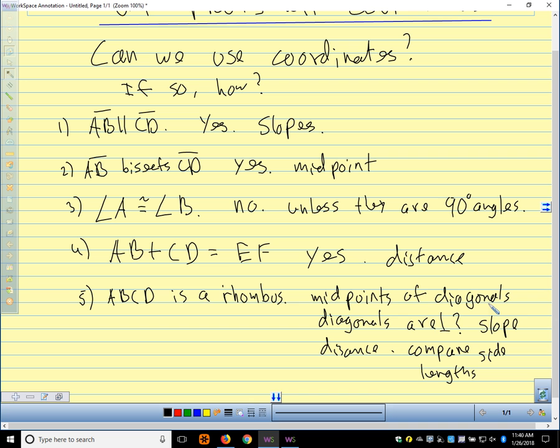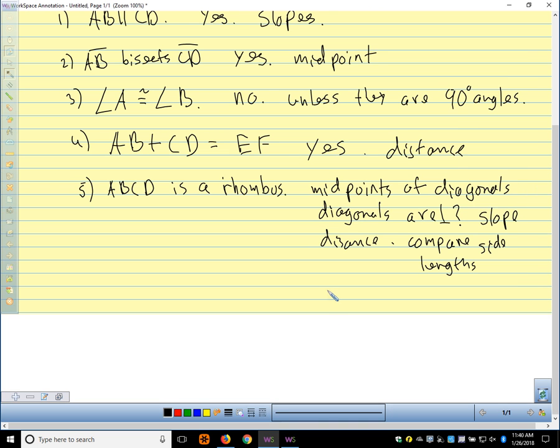The opposite sides are parallel. So we could see if sides are parallel. So we could use the diagonals, decide if the diagonals bisect each other and the diagonals are perpendicular. We could also look at the side lengths and decide if the sides are parallel. So deciding if a quadrilateral is a rhombus is kind of a perfect thing for coordinates to do.